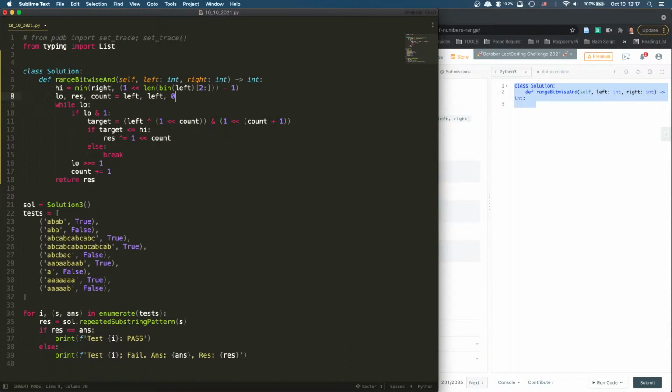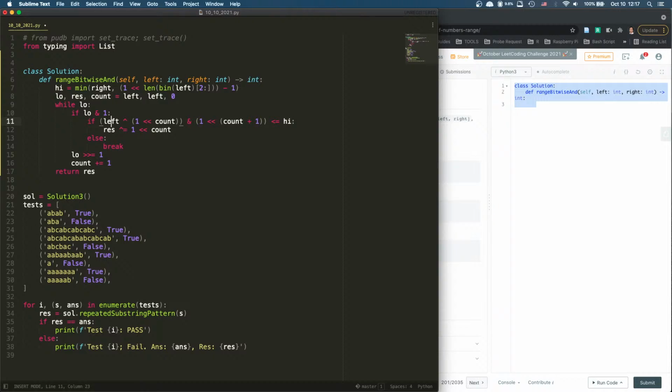And now I say while low, if the rightmost is a 1, we calculate a target, right? And the target, if the target is small, actually we don't need a target because we can just do this. Calculate the target. If the target is smaller than high, then we need to turn the current into a 0. If the target is larger than high, that means there's no need to keep going, then we break. And otherwise, we keep right shift low until we hit.